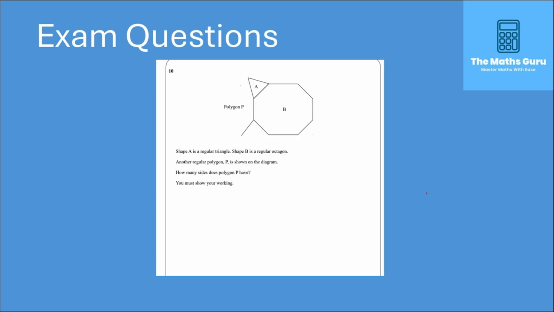Moving on to question 10, we have shape A is a regular triangle, shape B is a regular octagon, and another regular polygon is shown on the diagram. How many sides does polygon P have?